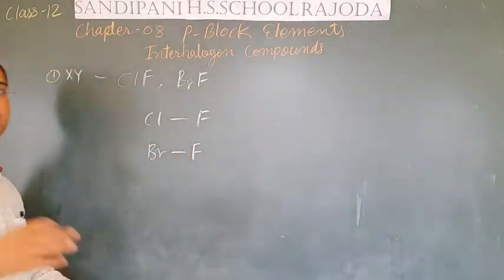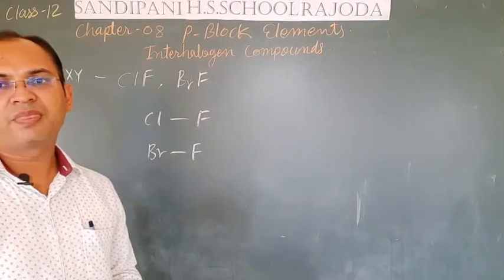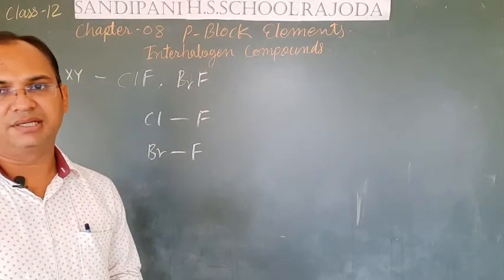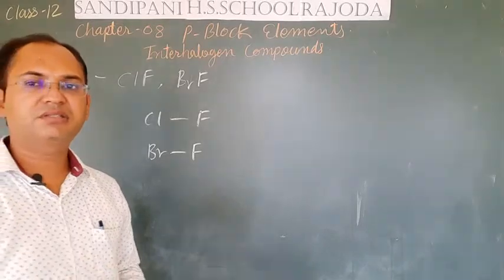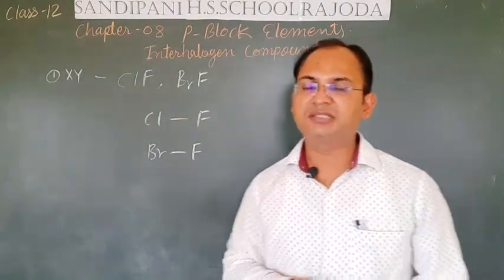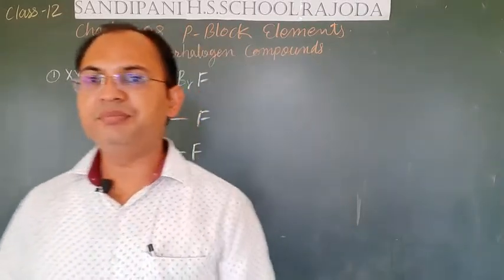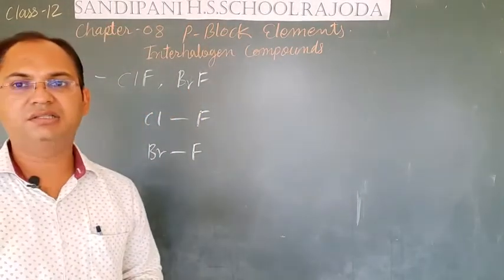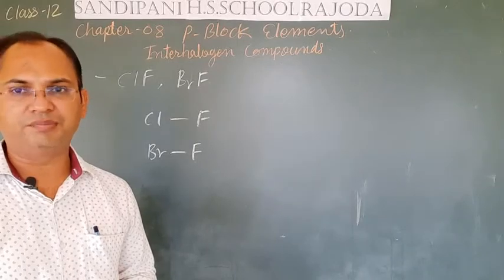There is no complexity in the structure of the XY type of interhalogen, but the complexity begins with the next step, that is the AB3 type or XY3 type of interhalogen compounds.